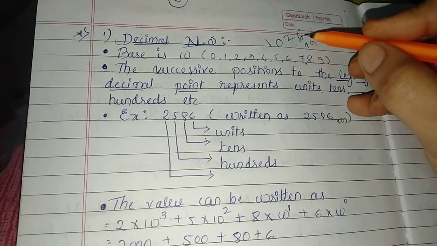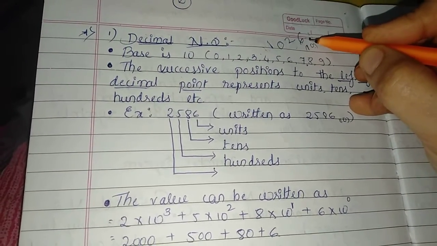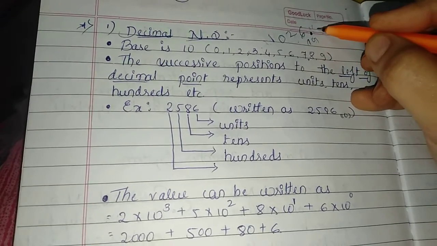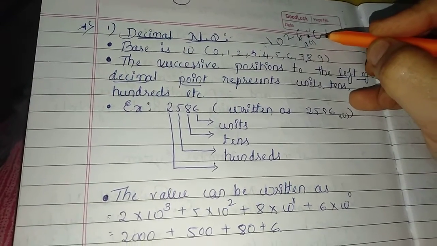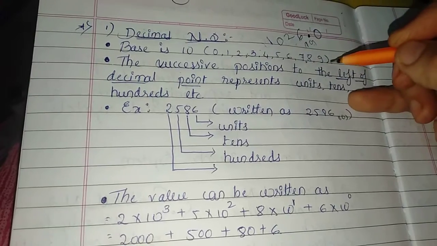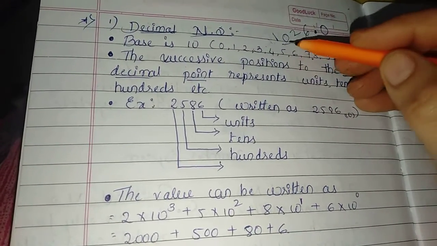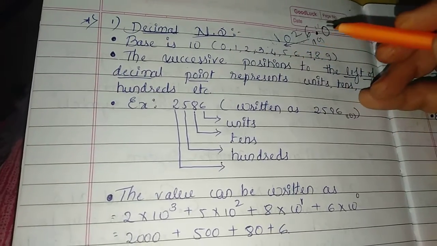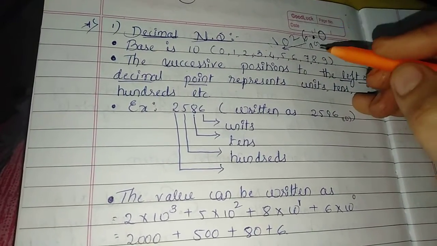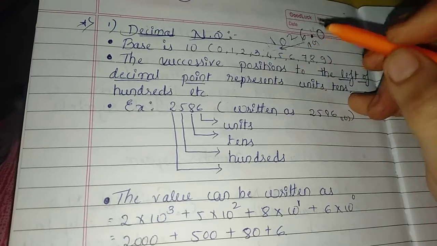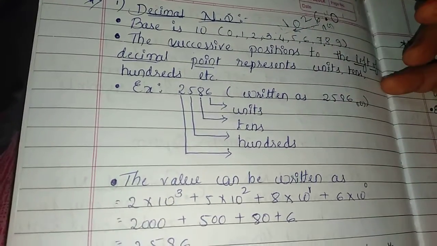If there is no decimal point, we can keep the decimal point here, and if there is no number next to the decimal point, there will be 0. These are the successive positions to the left side of the decimal point.